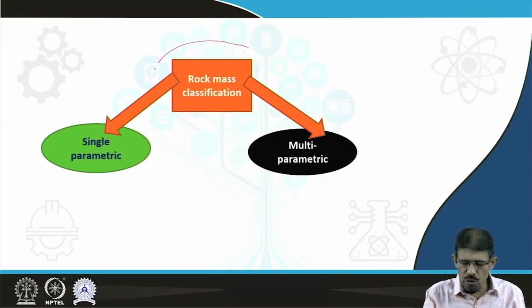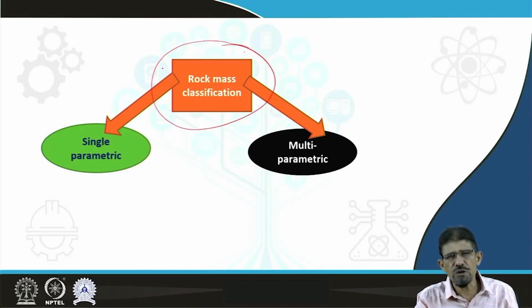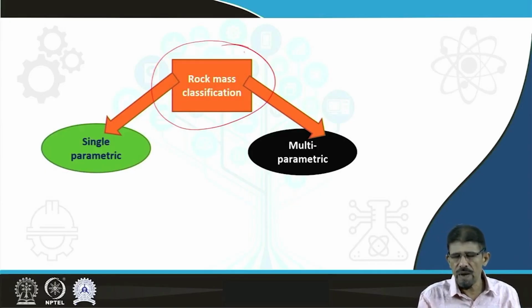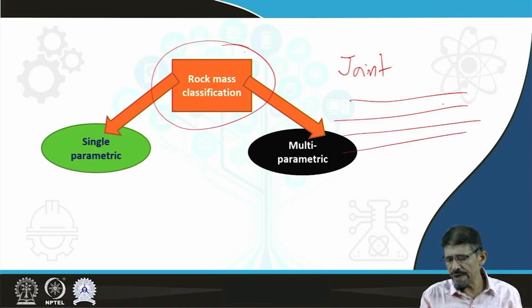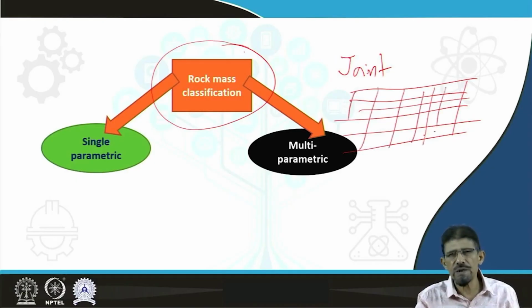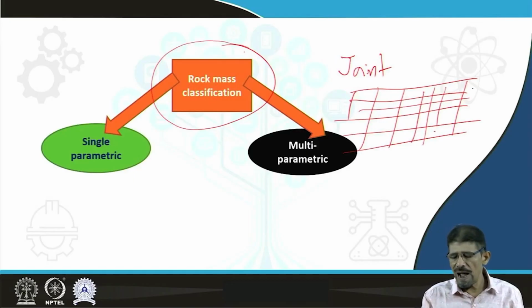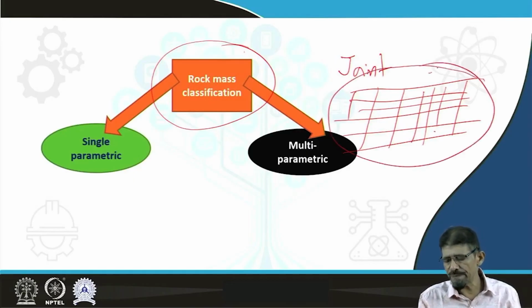If we manage to quantify the descriptive geological information, particularly related to joints, we have the concept that any strata consists of some bedding, some fracture, some discontinuity, some interfaces. I think none of the strata is without such interfaces.